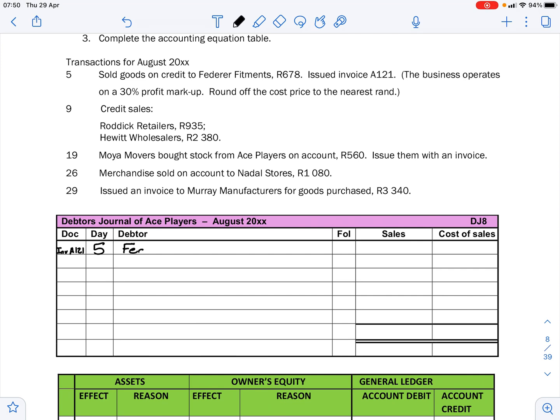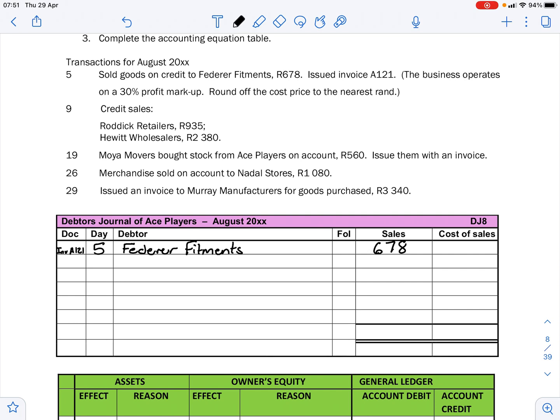It is Federer Fitments. Okay, they don't tell us which debtor Federer Fitments is, so we can leave our folio column blank. And our sales column is 678 Rand.